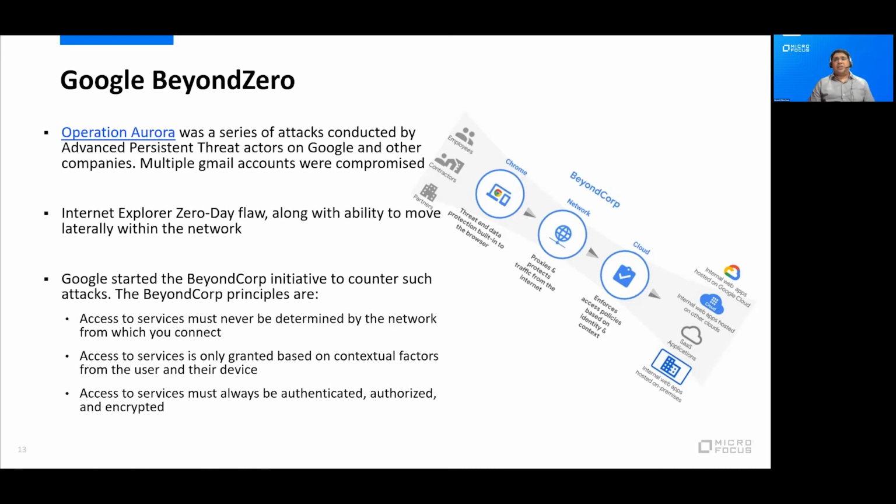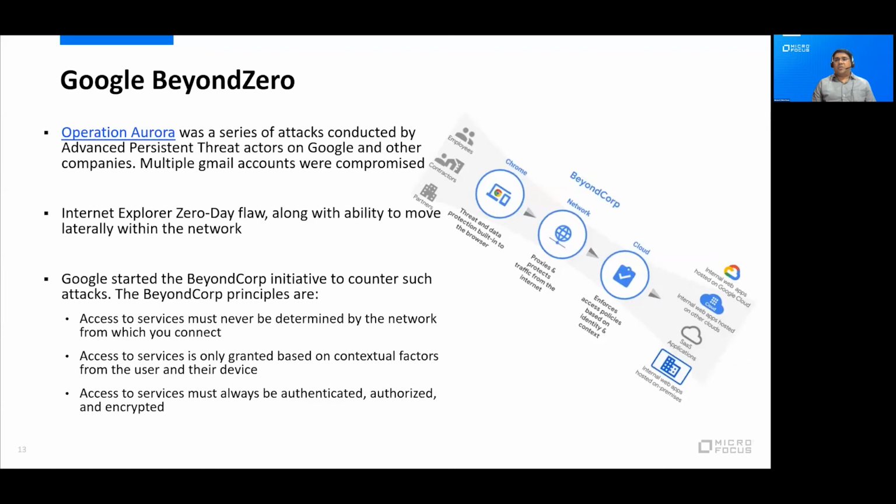Google Beyond Zero was an interesting project that happened. What happened was Operation Aurora, right? That was essentially a series of attacks conducted by what we call advanced persistent threat actors, right? Why was it called Operation Aurora? There is again an interesting history for that.